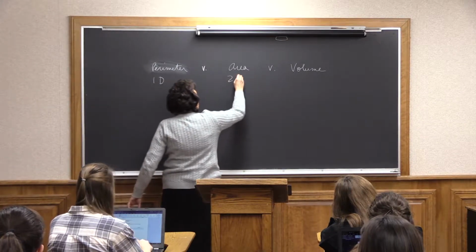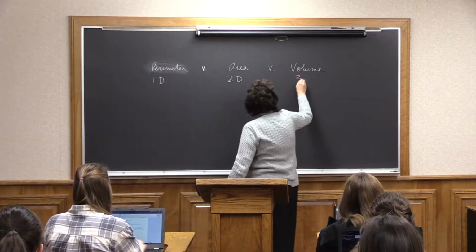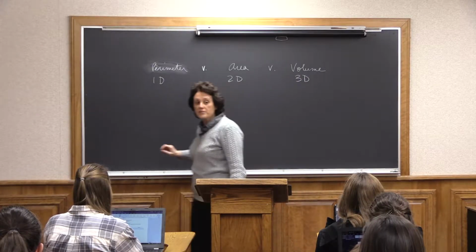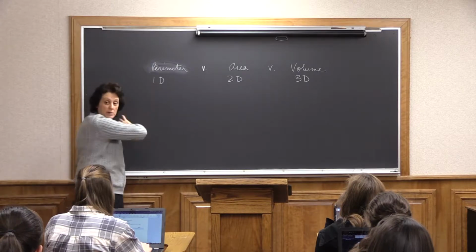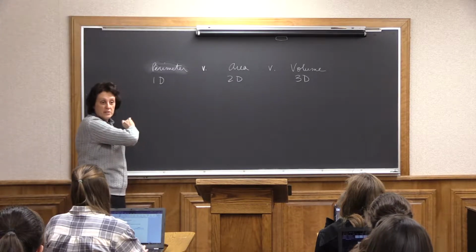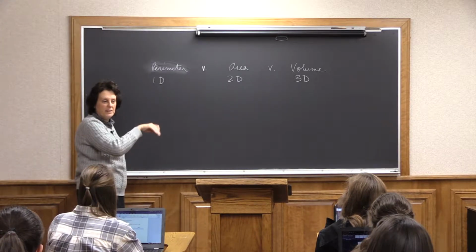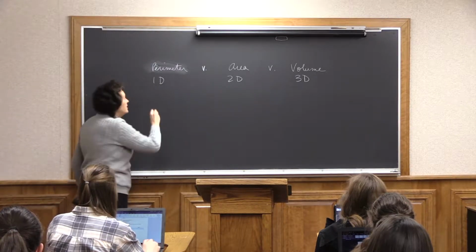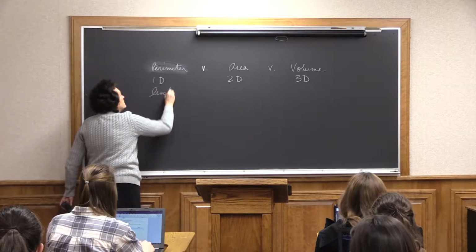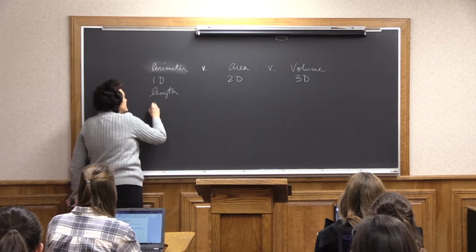One-dimensional, two-dimensional, three-dimensional. What is the first dimension? And what word do we need to associate with perimeter? What's the first dimension? Distance. That's the word, but that's not the dimension. Length. Okay, length. And then we have distance.